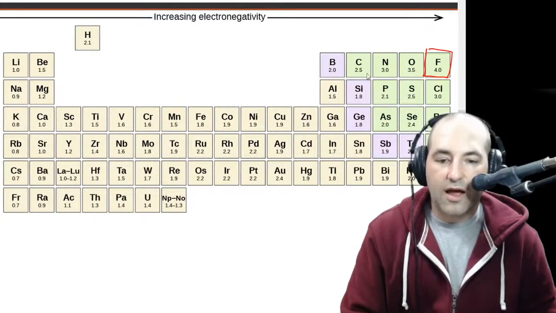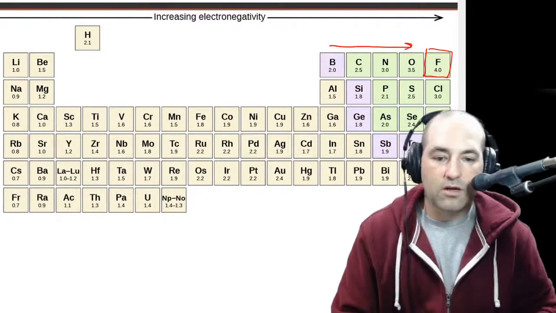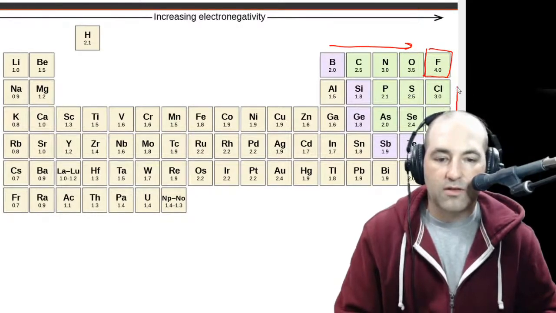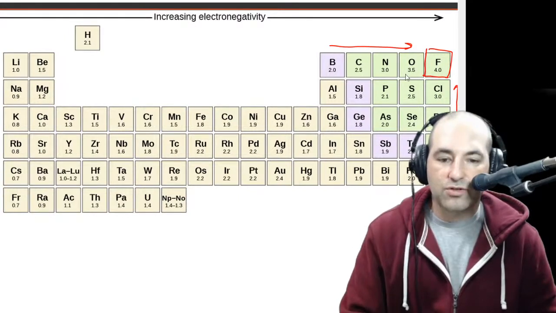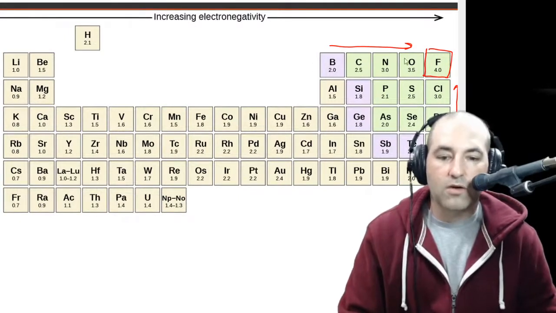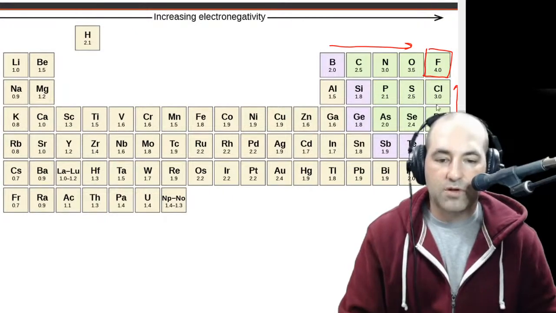And if you look at the pattern here, you can see that as you move toward fluorine in both directions, the electronegativity increases. Throughout this first row, it pretty nicely drops by 0.5 each time. So 3.5, 3.0, 2.5, 2.0. And then as you go down this way, it drops again less evenly, but keeps going down that way too.